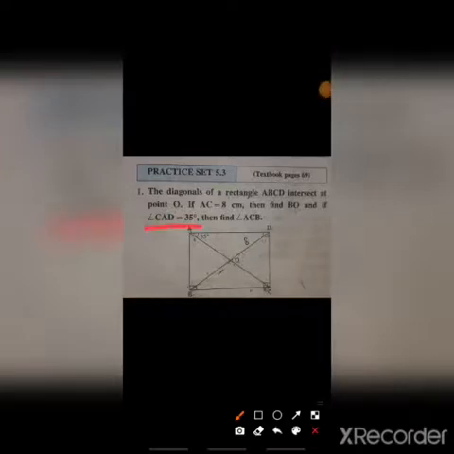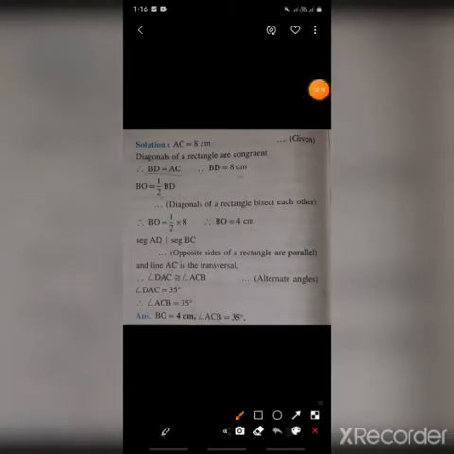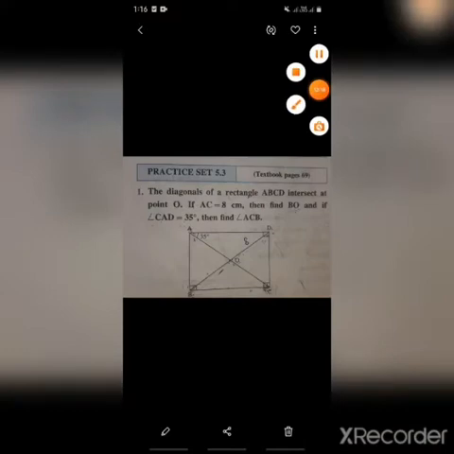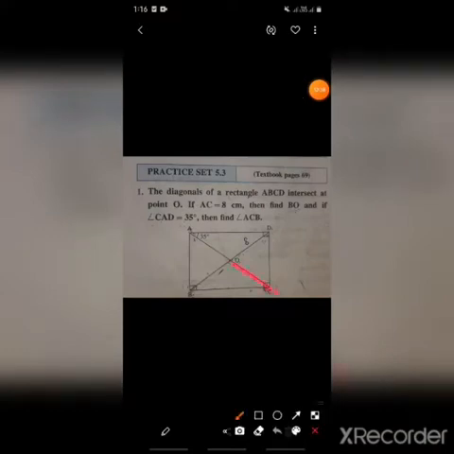Then CAD is 35 degrees. What we have to find is ACD. The reason is alternate angles. If CAD is 35 degrees, ACD is also 35 degrees.